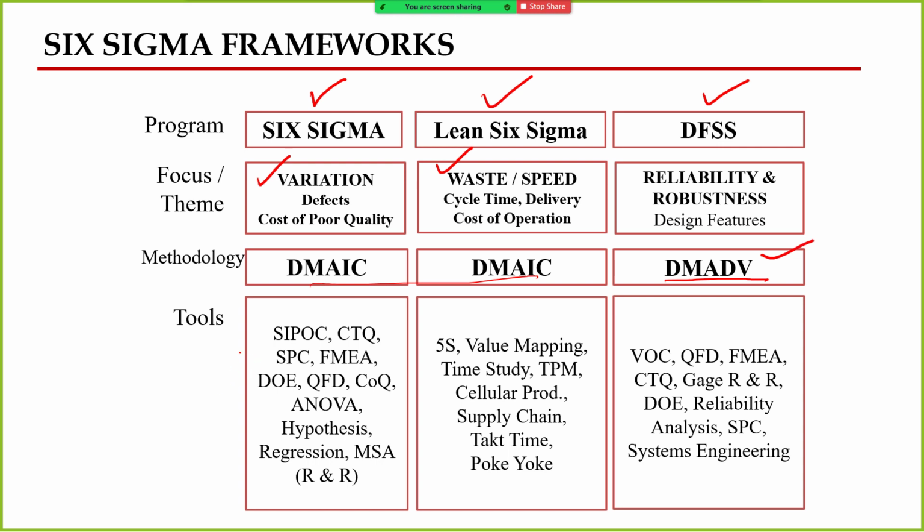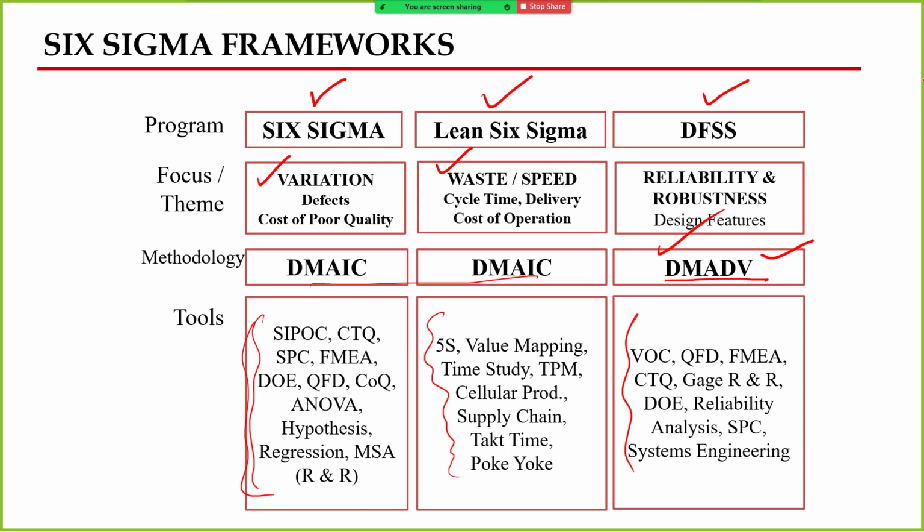Here I am giving some examples of tools which we can adopt in the DMAIC cycle. If this is a pure Six Sigma program, we can use this set of tools. If it is a Lean Six Sigma program, here I am listing most of the Lean related tools, and you can also add some Six Sigma tools. Similarly, over here we have a set of tools which we can adopt to implement this methodology.